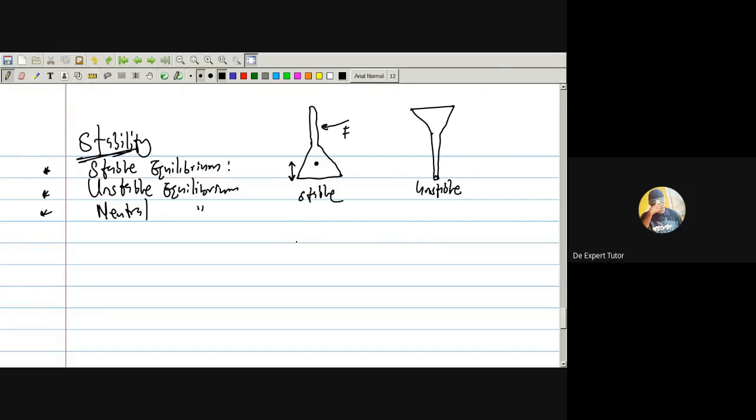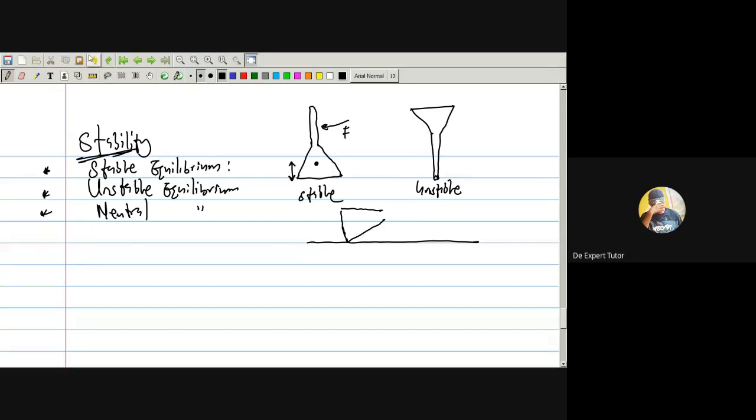If I place the funnel here and push it, when you slightly displace any body in neutral equilibrium, it will come to rest again the way it was initially, resting on a flat surface like this.